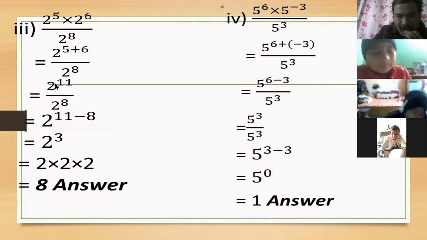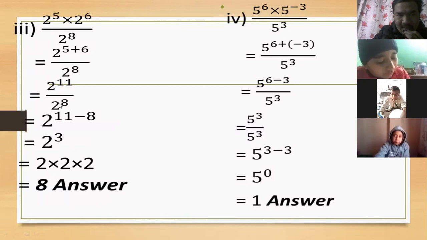This in fraction form means numerator divided by denominator, and when we divide, we have to subtract their powers. 11 minus 8 is 3. And 2 cube means 2 into 2 into 2. 2 into 2 is 4, 4 into 2 is 8.